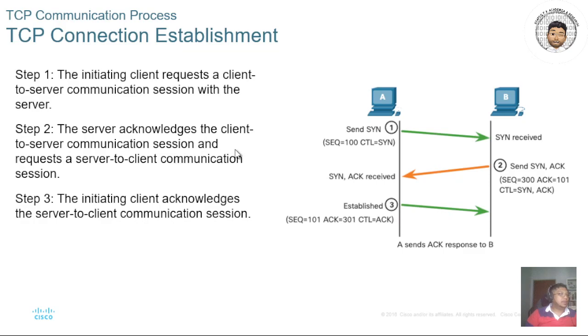The server acknowledges the client to server communication session and requests a server to client communication session. It means that B acknowledges the request and gives permission to A. A also acknowledges that B already sent all that information.